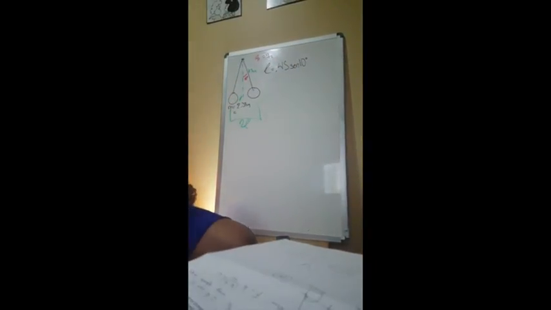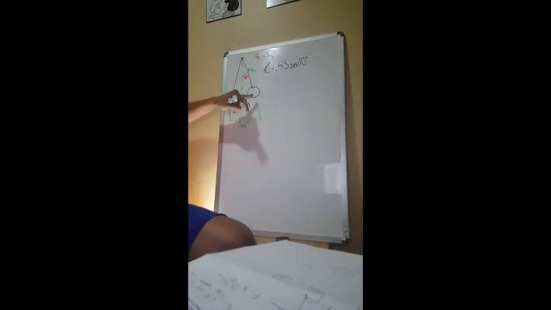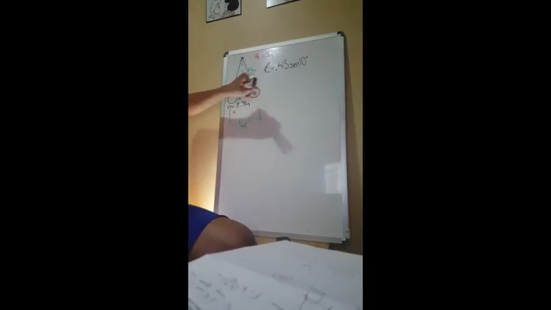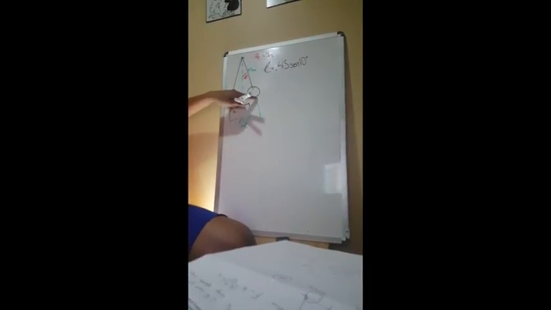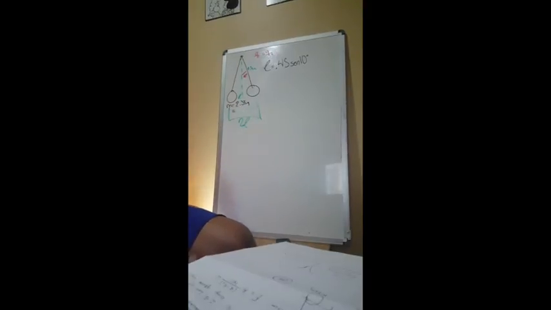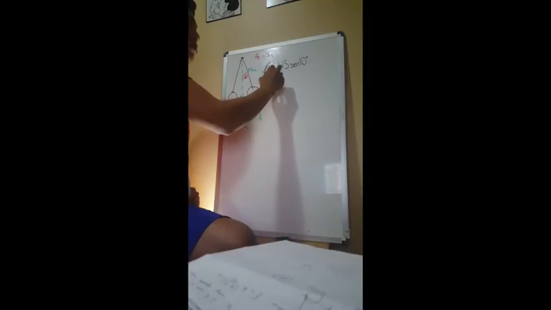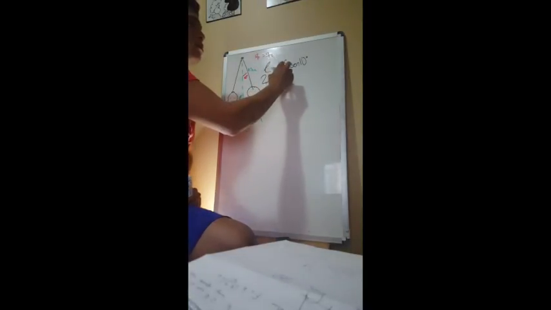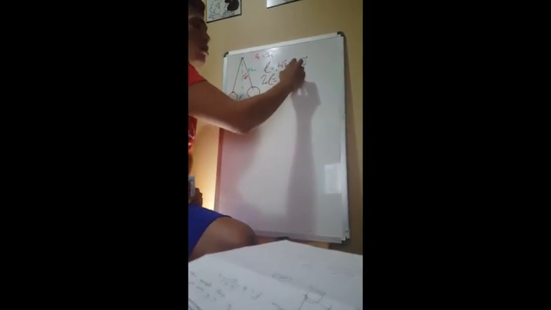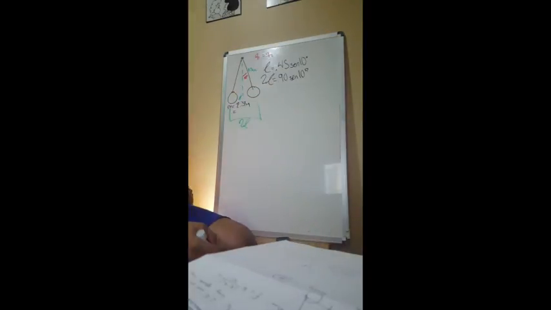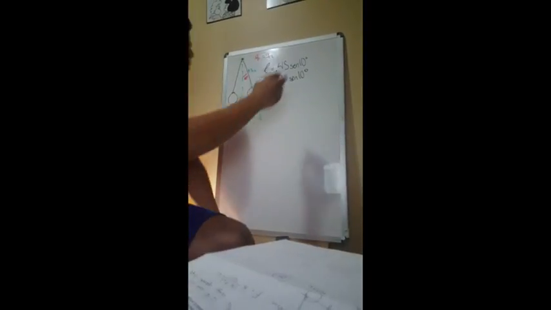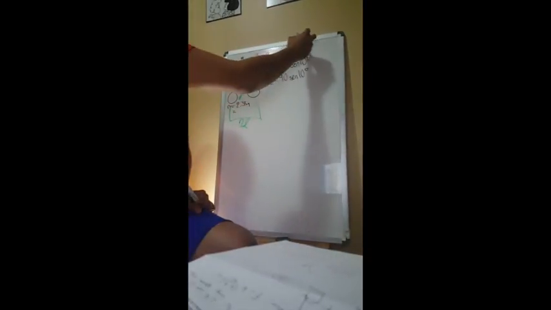Why? Because we know this length, which is 45 centimeters or 0.45 meters, and we have the angle. What we want to know is this part, right? So 2L equals 0.9 meters times sine of 10, right?